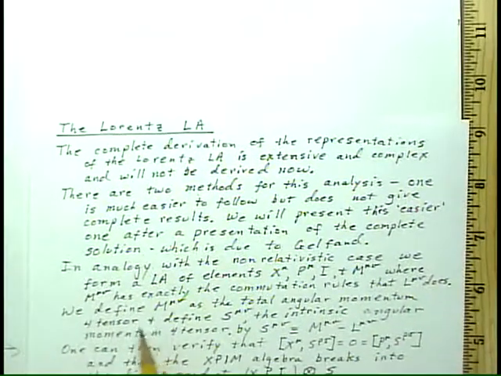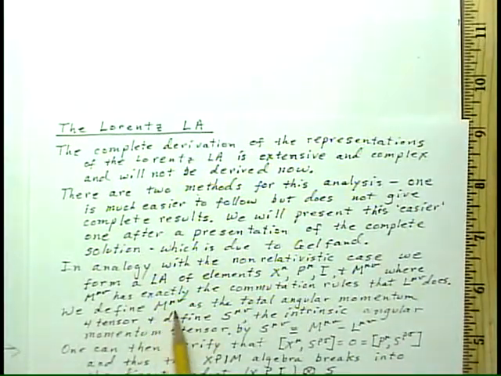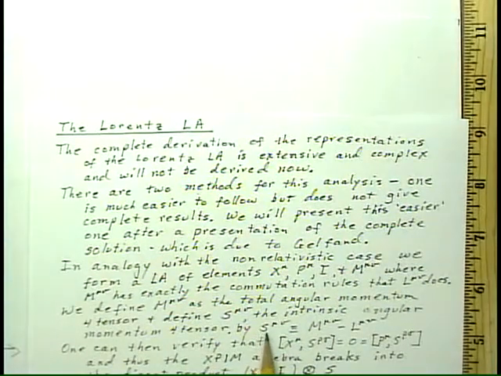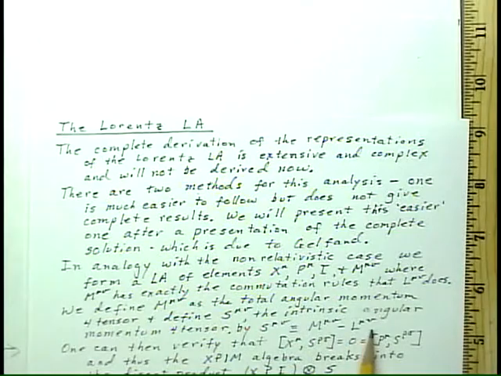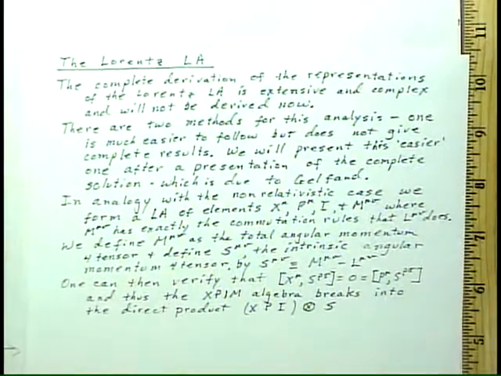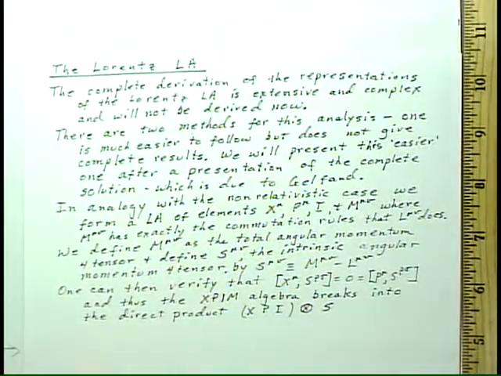We define this M mu nu as the total angular momentum 4 tensor. And we also define a tensor S mu nu as the intrinsic angular momentum 4 tensor by the equation S mu nu is equal to M mu nu minus L mu nu. We see that there's a perfect analogy here between what we're doing now and what we did before in the non-relativistic case.